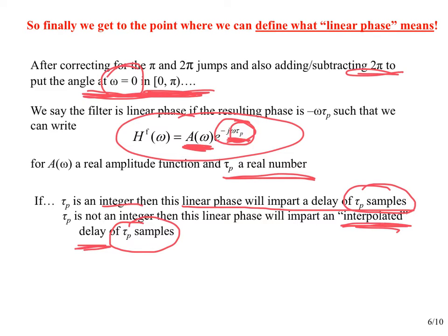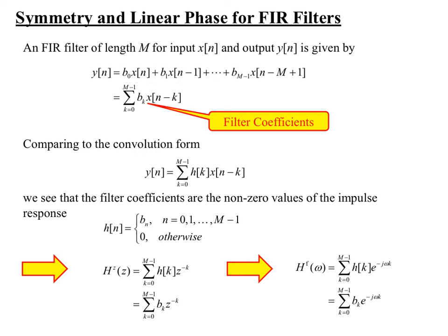All right, moving on to the next slide here. And so now that we've got a handle on what we mean by linear phase, we can start to talk about how do we make an FIR filter have linear phase. So let's just look at the difference equation for an FIR filter.